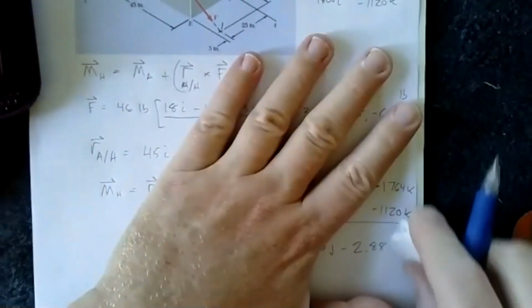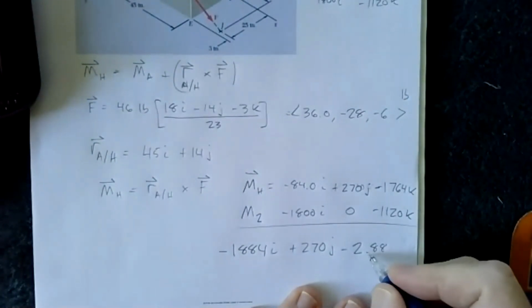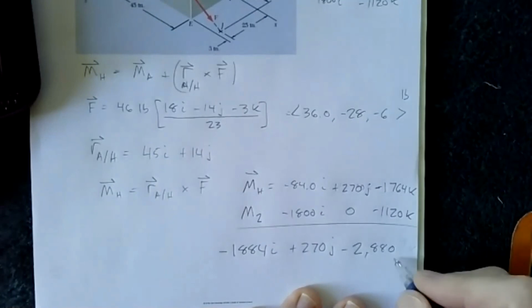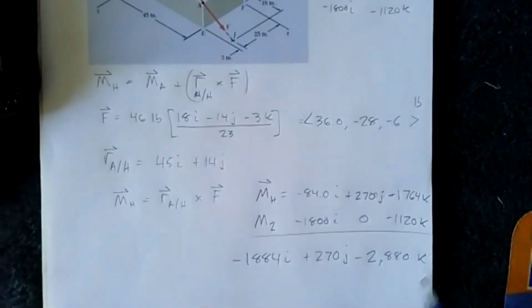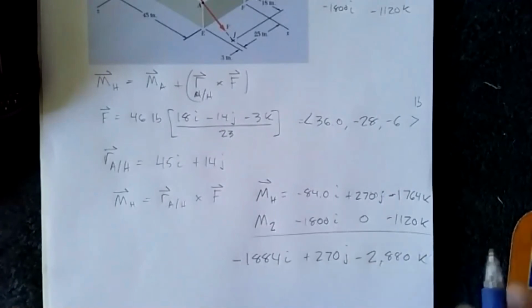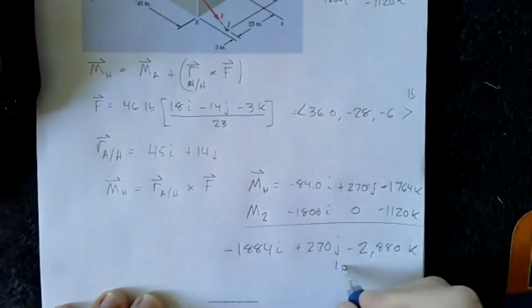So what I could do to keep the sig figs, I could say 2880 and call that 0 not a sig fig. So again, on an exam, if you put a 0 there, that's fine. I don't want to be too much of a sig fig Nazi, but this follows our convention. And so we know that's going to be in inch pounds.